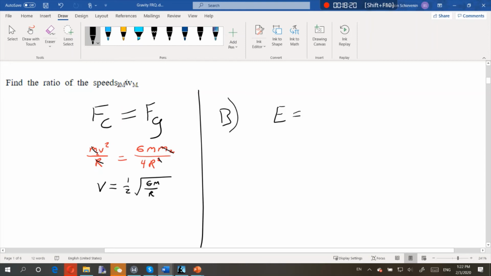Kinetic energy is how much? It was minus GM over 2R. Okay, that's your potential energy I think you're giving me. Oh, right, then it should be positive 1R, GM over R.